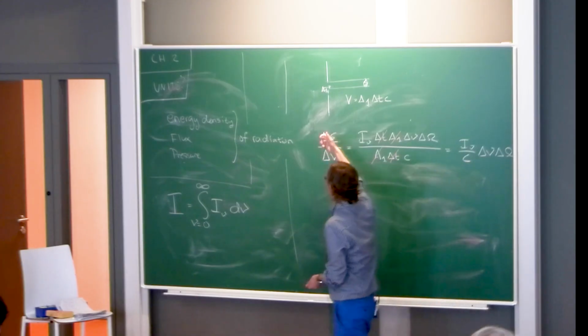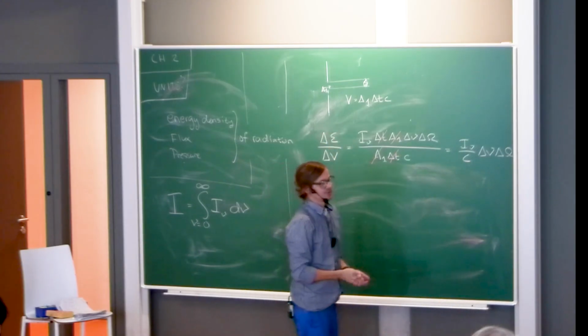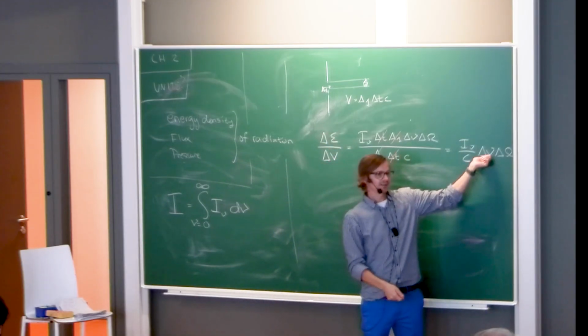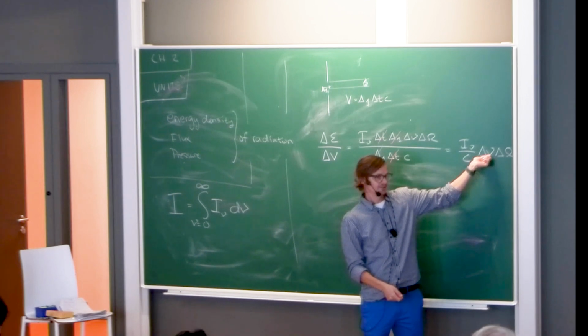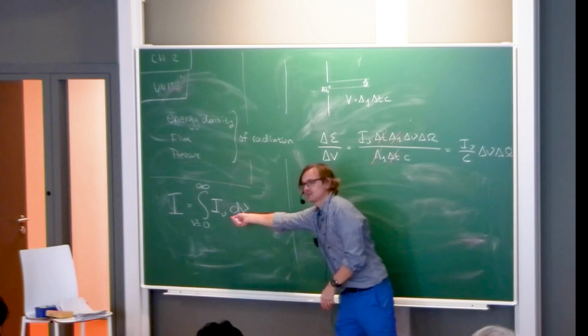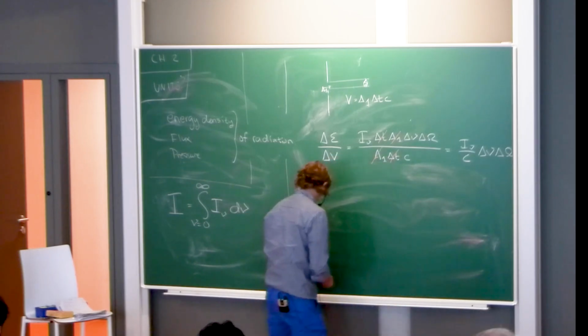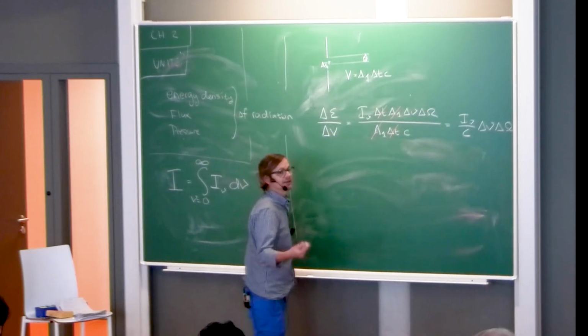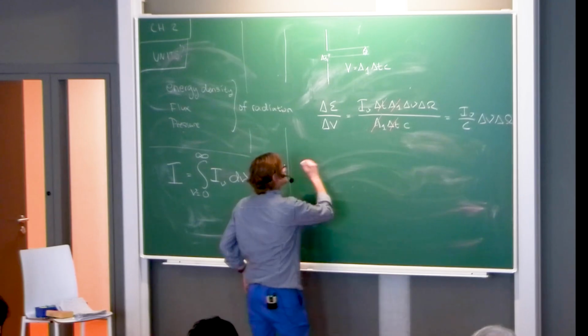So there we get our energy density, but as you can see, it's just within a given small frequency band and within a small solid angle. So again, in analogy to this, to get the total energy density, the only thing we have to do is integrate over all of those.